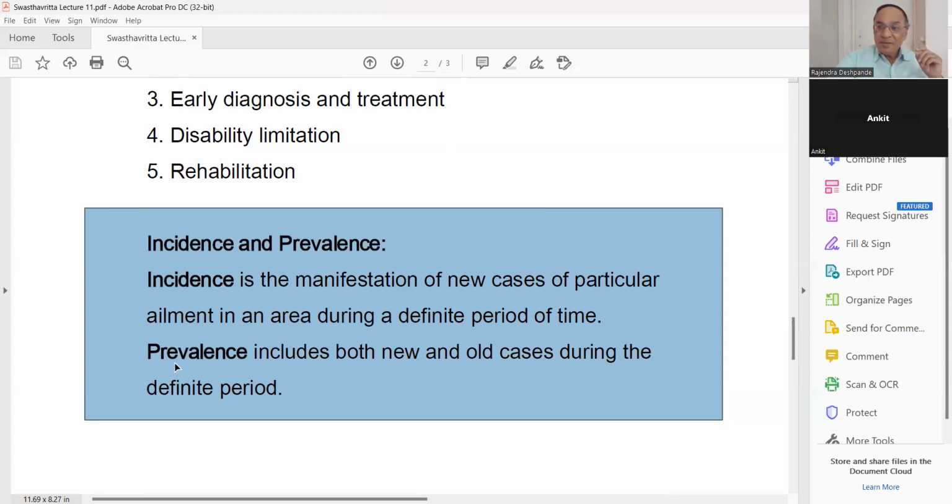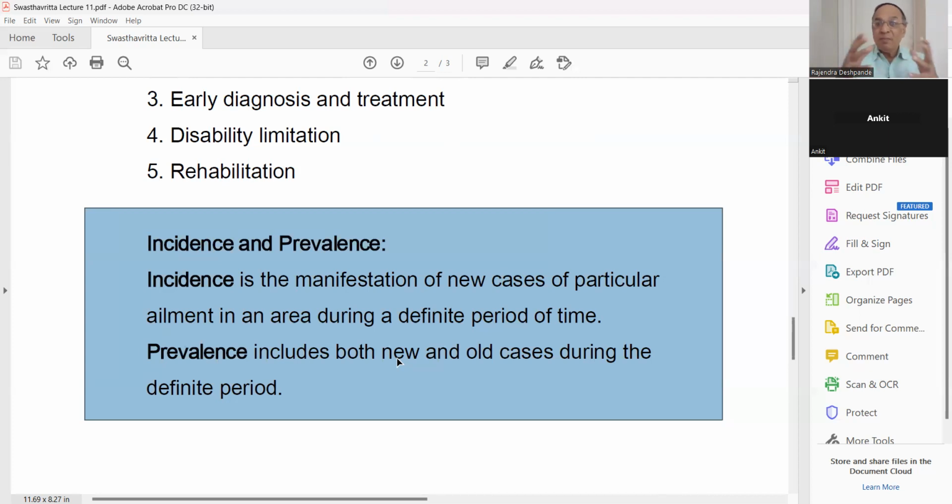Then prevalence. Prevalence means both new and old cases. Please write down. For example, in 2019 and 2020, you consider 2 years, then you make data on how many cases were there in 2019 and how many in the old. So it is a mixing of numbers. New cases are, for example, only 50, but previously it was 100.